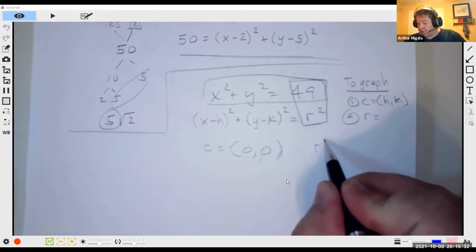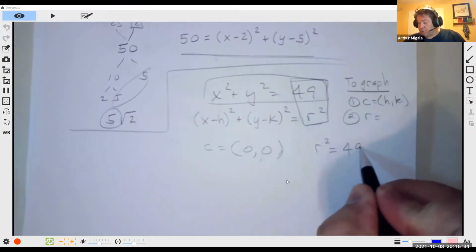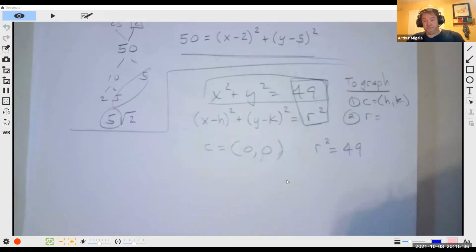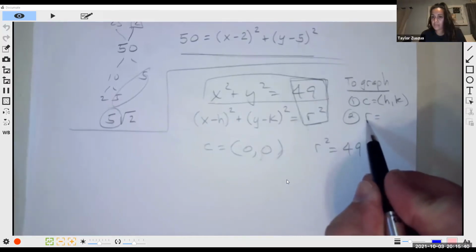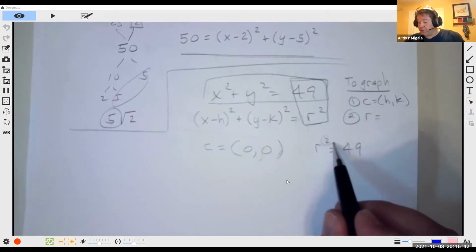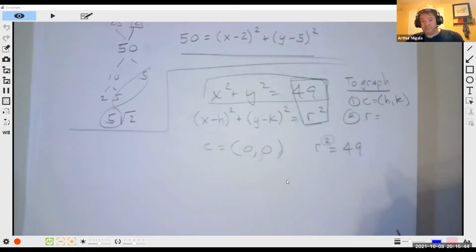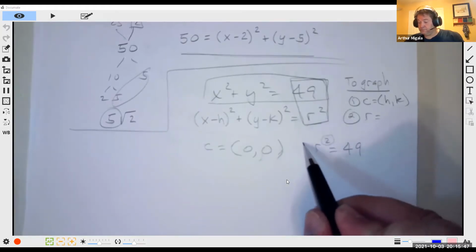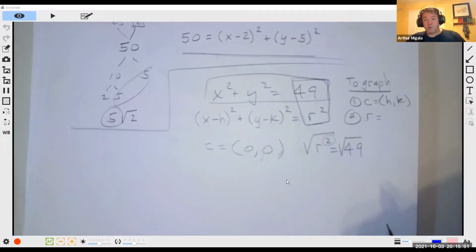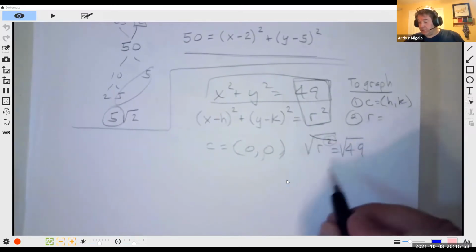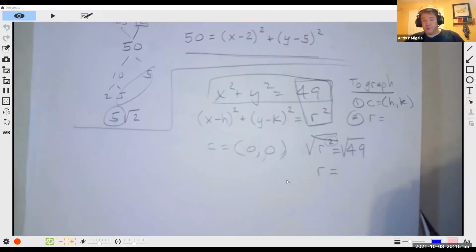Now we have to look at this last part. We have r squared equals 49. We need to know what r is. How do we get rid of the square? We square root both sides, and the square disappears.